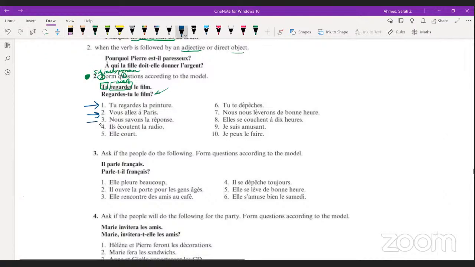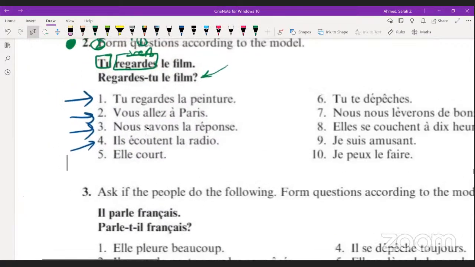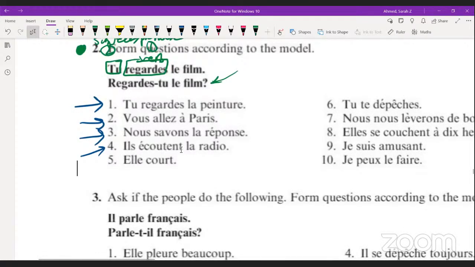Number 3. Nous savons la réponse. Yes, and the question now. Savons-nous la réponse? Excellent. Number 4.